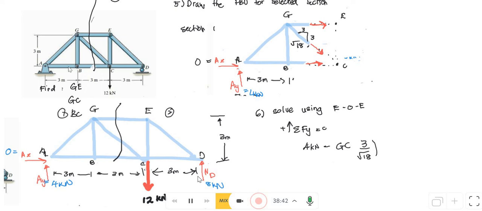As you can see, we only have 2 forces for the y component. The first one is from Ay and the second one is from the y component of member GC. We have determined that the direction of Ay is upward. So logically, of course, the y component of GC should be downward, because we want it to be in equilibrium. So it will be equal to 0. Okay, so you solve the problem.